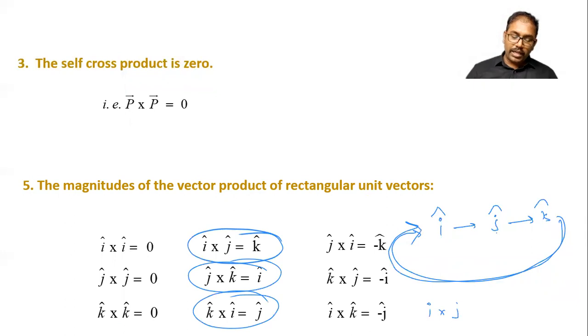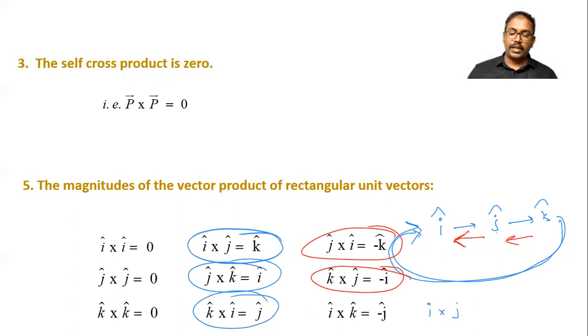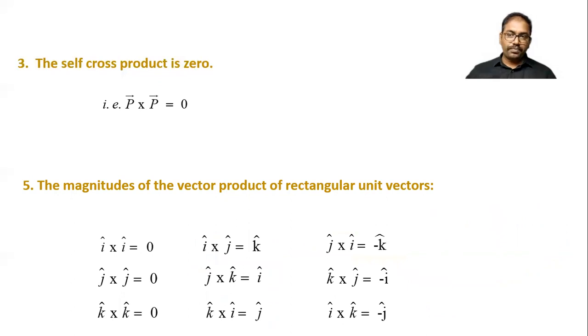But when the order is reversed, you can see here, j cap cross I cap, when j to I, then minus k. Then k cap cross j cap, in reverse order, minus I. I cap cross k cap, in the reverse order, then minus j. So in that way also you can remember.